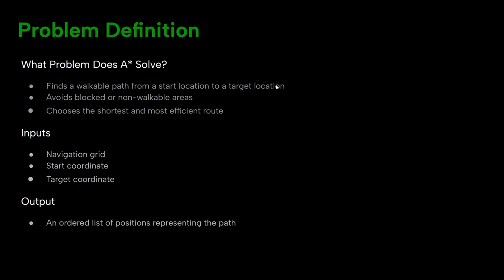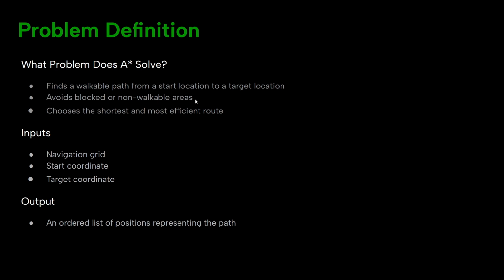So what's the problem definition? Well, the A-star pathfinding algorithm basically solves how we can find the path from a start location to a target location, where the navigation grid can consist of blocked or non-walkable areas as well.